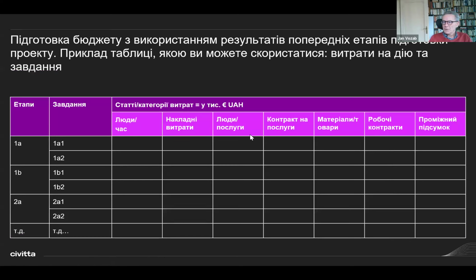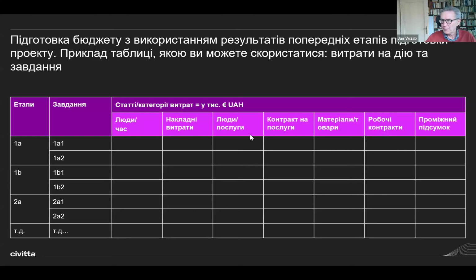You may see another example which may help you to structure your costs or expenditures in a slightly different way. So you can divide your project into the activities and tasks as has been recommended last time during the last training. And then you calculate people's time for task overhead, meaning that these are, let's say, the company expenditures or the city hall expenditures to run the city hall.